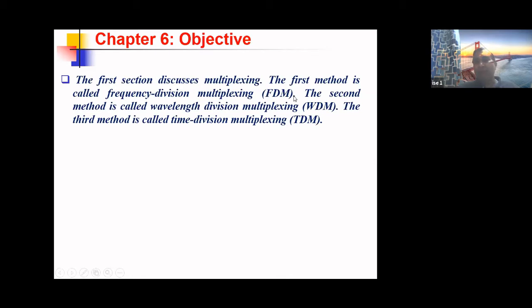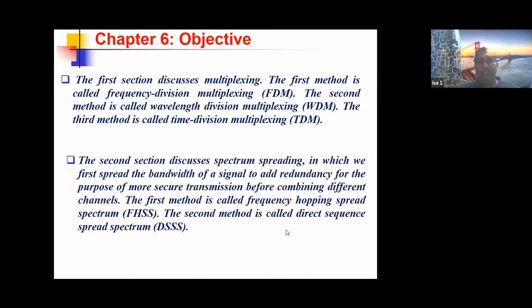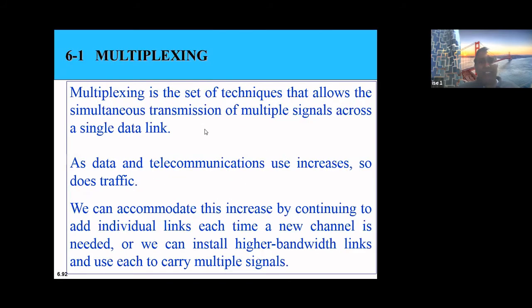These two, FDM and WDM, are used for transmitting analog signals, and time division multiplexing is used for transmitting digital signals. This is what you have to remember.